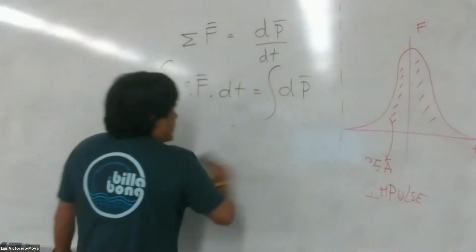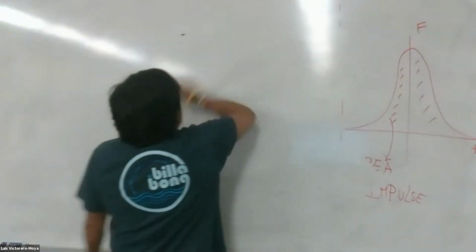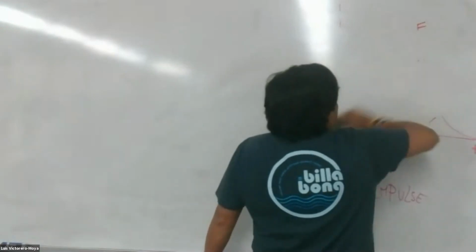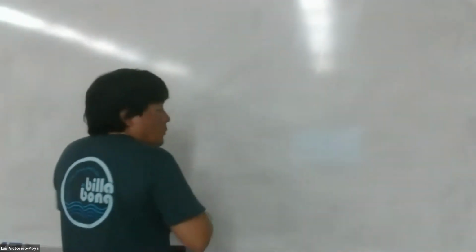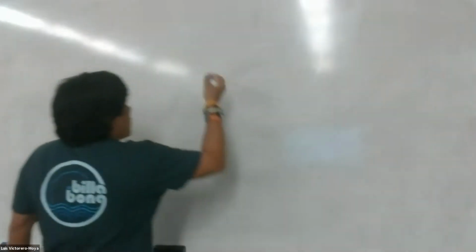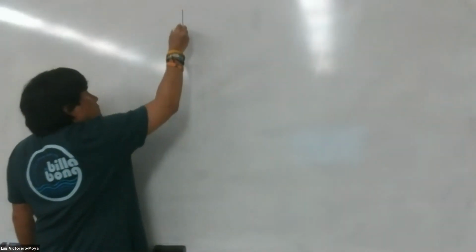The change of momentum is the impulse. But momentum is a vector, so we have to be careful with directions. You can put here the wall.